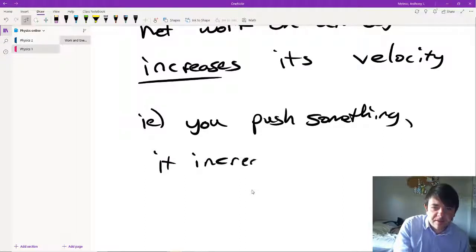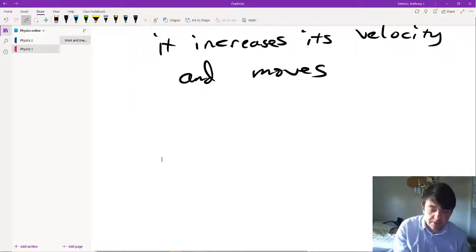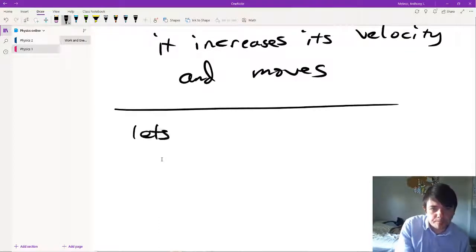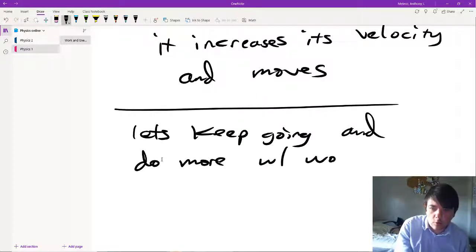You push something and it moves, that's pretty obvious. So let's keep going and do more with work.